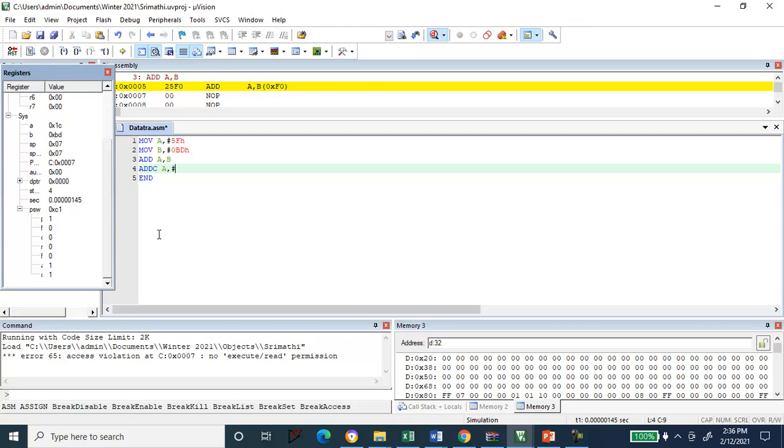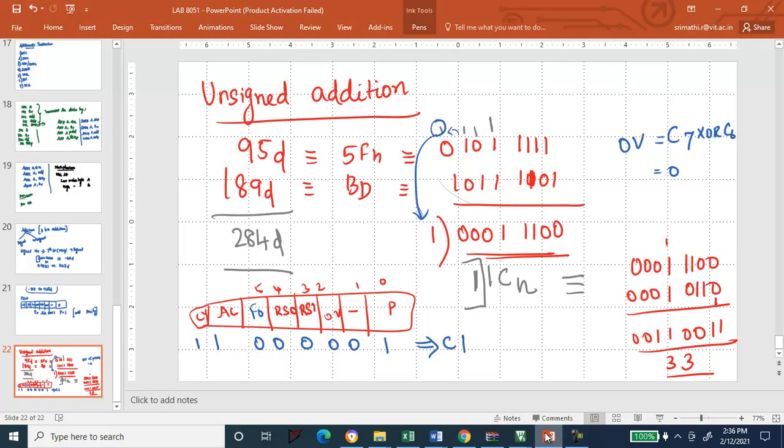What number I have given in the example? I have given 1C. I have added with 1 5. Am I right?